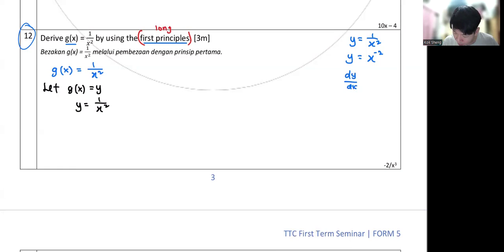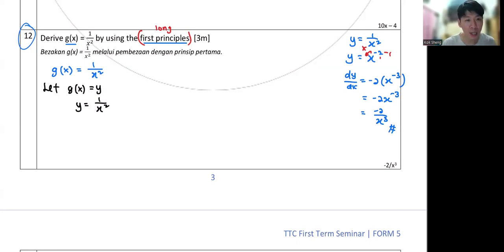This one should be using the first type here. The power of x, -2, times it to the front, -1. So -2 x to the power of -3. So then -2, the negative power of x brings back to the bottom. So you will get this answer. Final answer, using the shorter way.